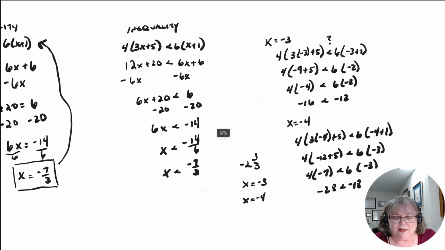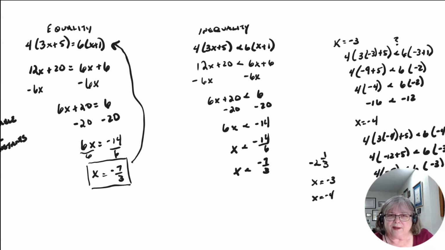So think of it this way. The process so far has been the same. The difference is that in an equality, typically you get a solution, a number, and that is the only number that's going to make that a true statement. Every once in a while, like we talked about in linear equations, you get something that's true all the time, an identity, so all real numbers would work, or sometimes there's no solution.